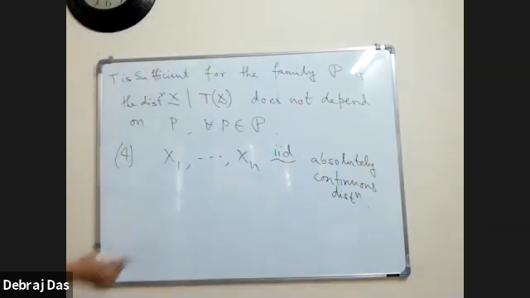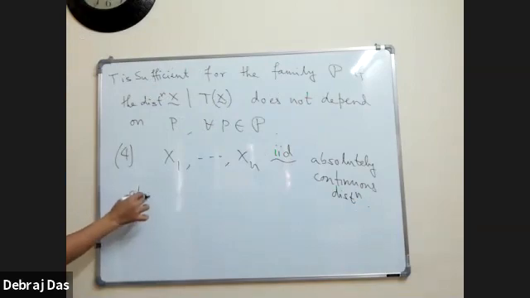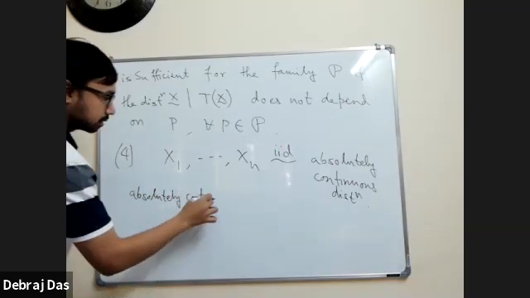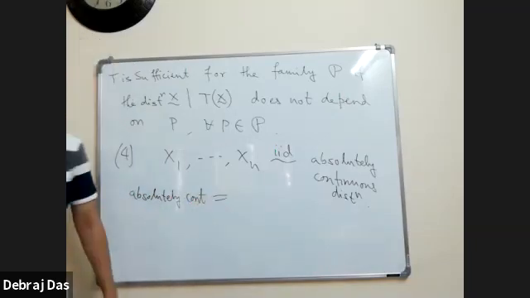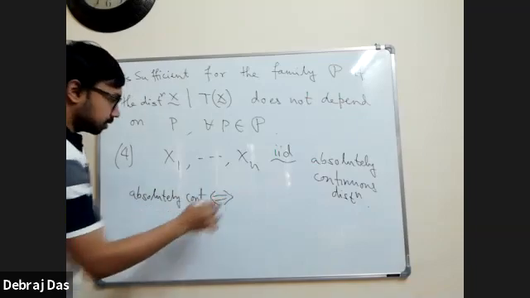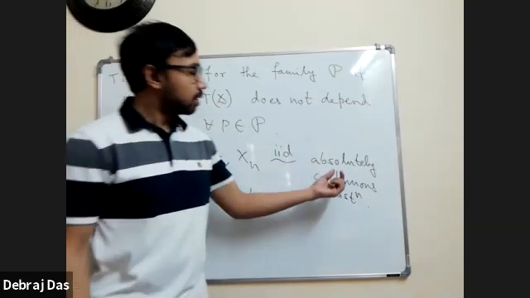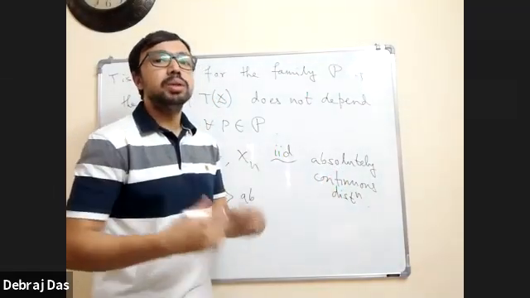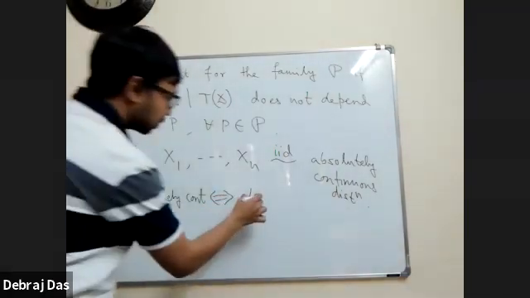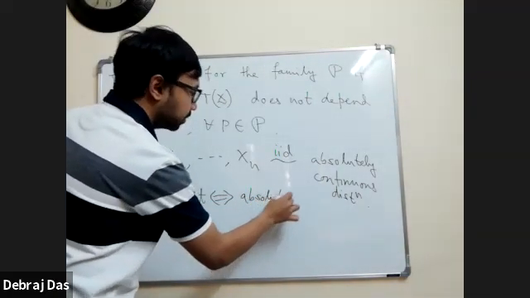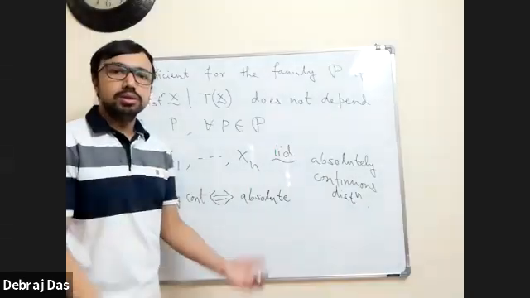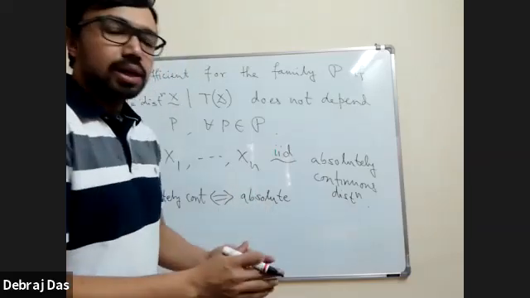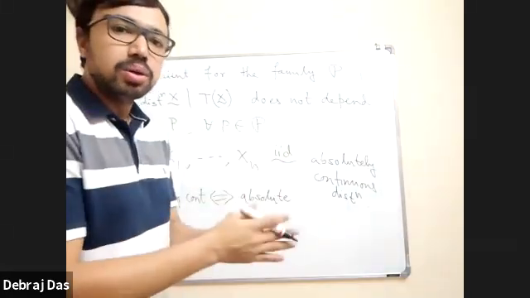So absolutely continuous means, in general, whenever we say absolute continuity, we generally mean absolute continuity with respect to the Lebesgue measure. So whatever continuous distributions you have seen till now are all absolutely continuous, not only continuous but absolutely continuous with respect to Lebesgue.